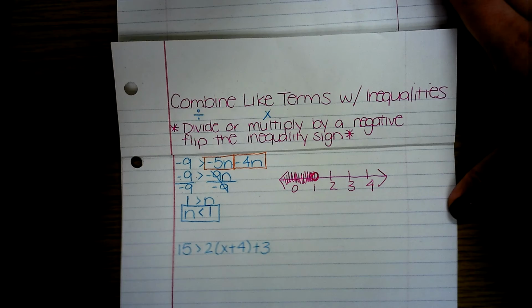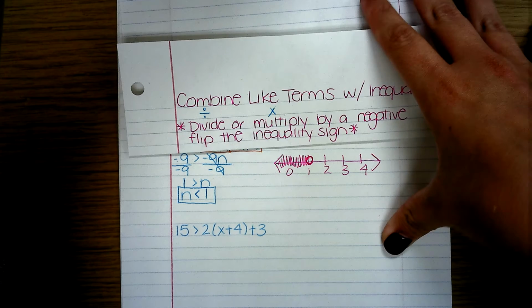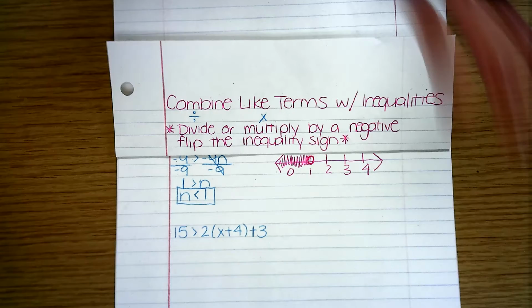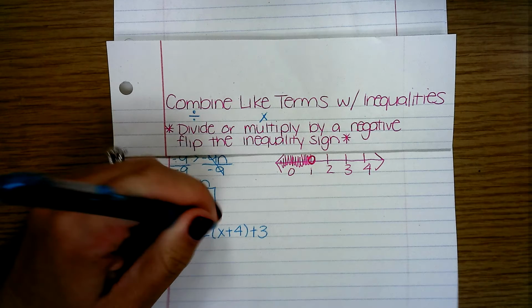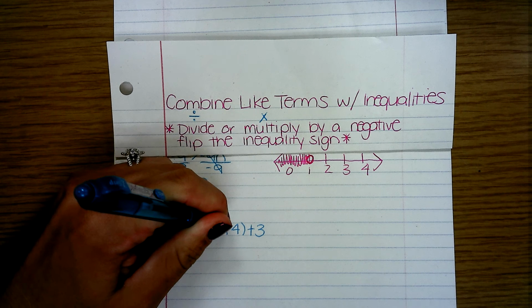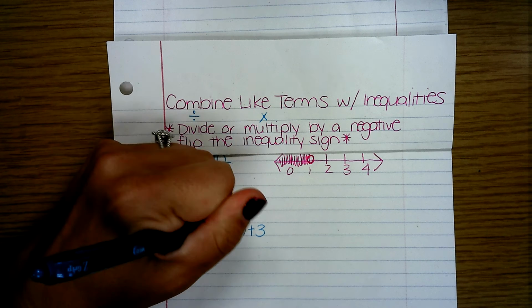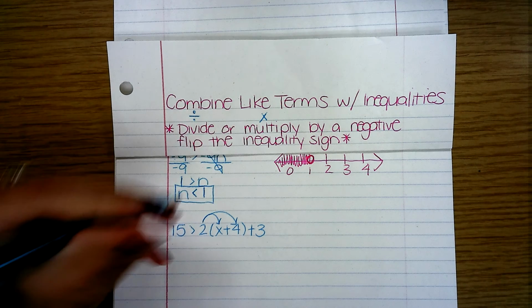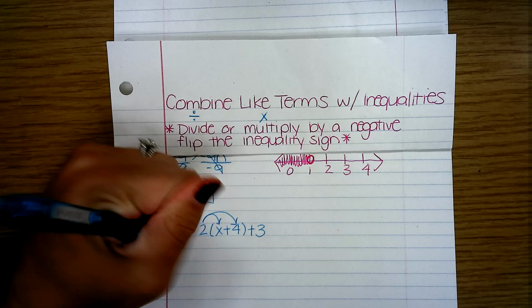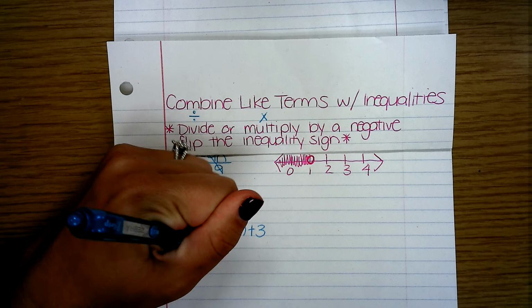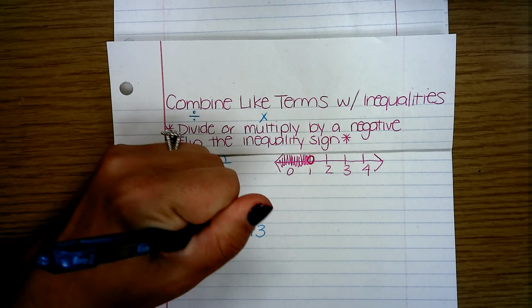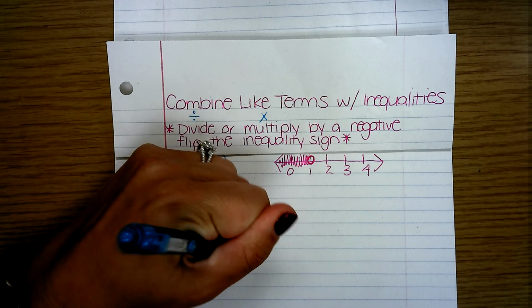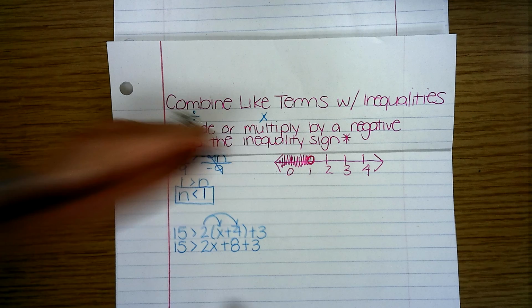So we are going to go ahead and distribute first before I combine my like terms. So remember, distribute that 2 to everything inside the parentheses. That gives us 15 is greater than 2 times x is just 2x. 2 times 4 is a positive 8. And I bring down that plus 3.